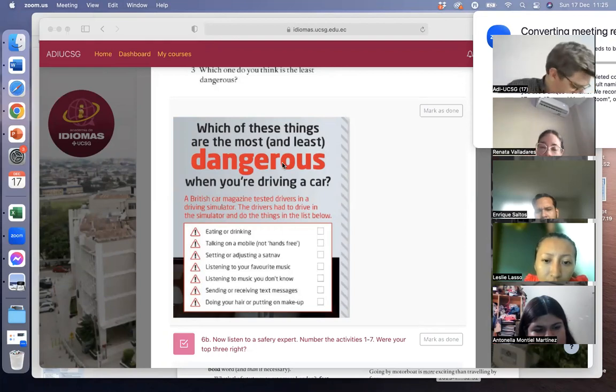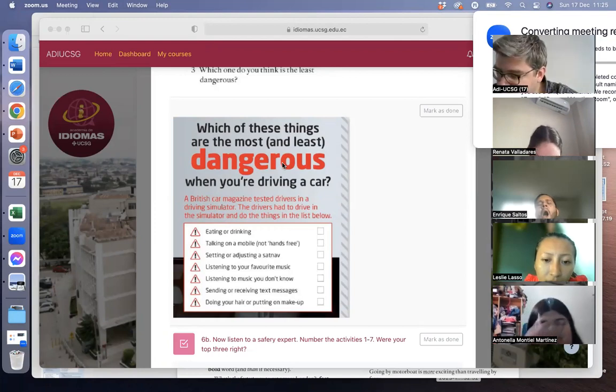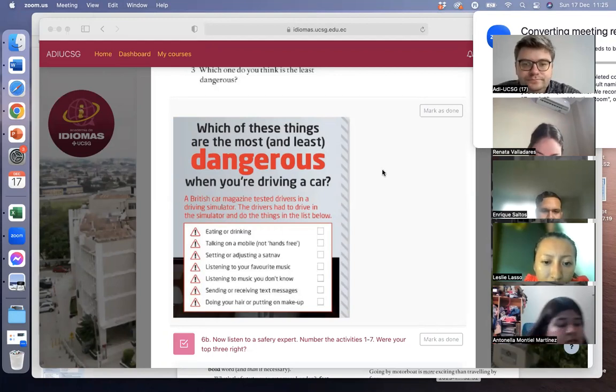The drivers had to drive in the simulator and do the things in the list below. Eating or drinking. Talking on a mobile, not hands-free.